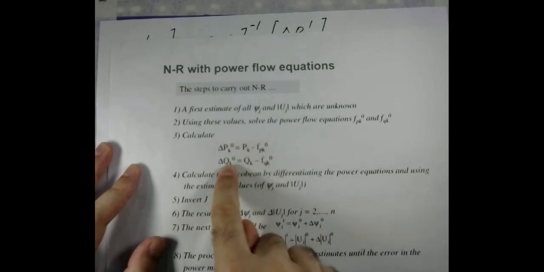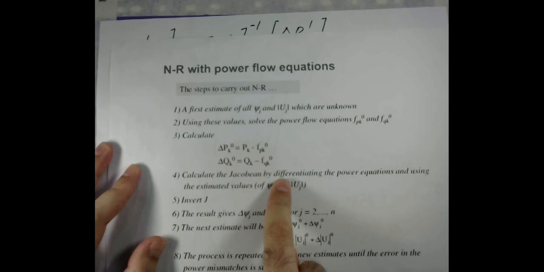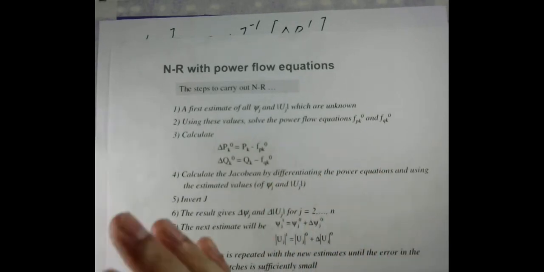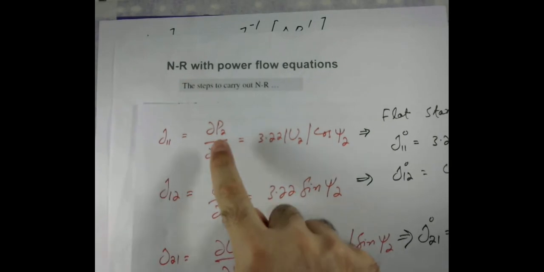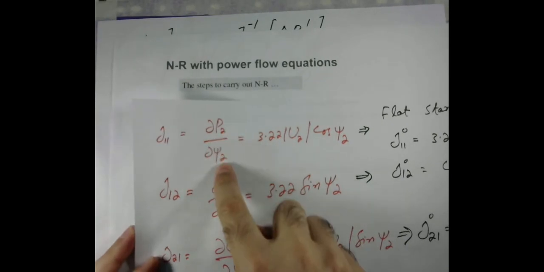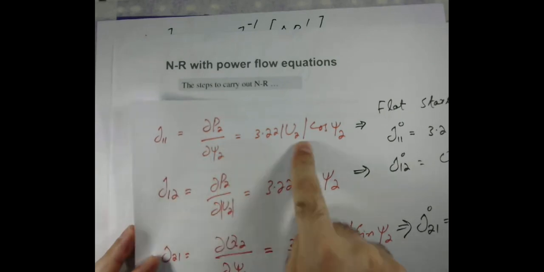Then we calculated the power mismatch, and afterward we differentiated the power flow equations. We took the derivative of the equations with respect to the angle and with respect to the voltage, and we determined the entries of the Jacobian matrix.